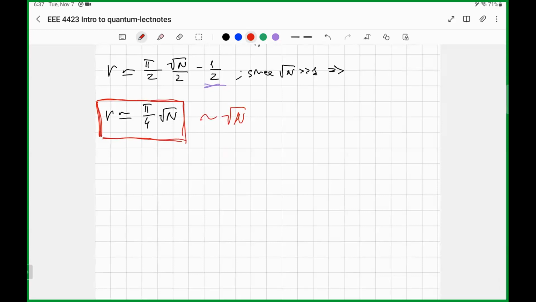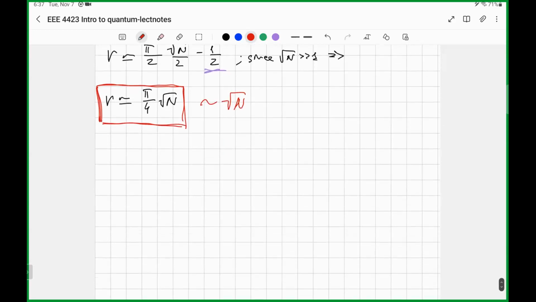So how does it compare to the classical search algorithms? Let's suppose we have an array of N elements, and we are looking for a particular element in this array.